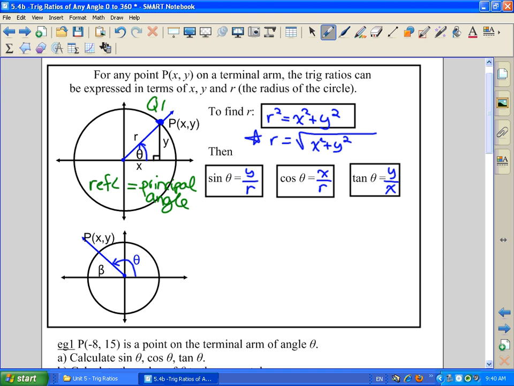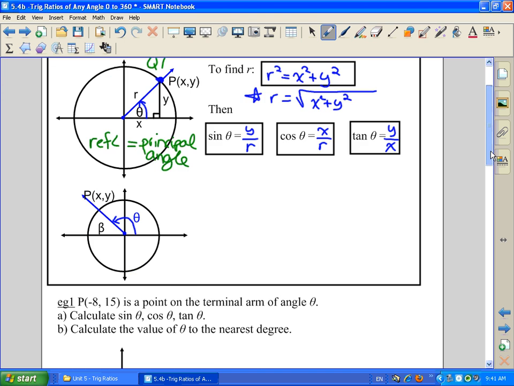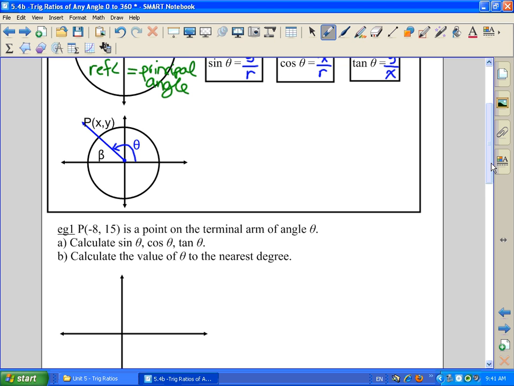In all of the other quadrants, the reference angle is closest to the x-axis. So in this case, our reference angle is going to be beta. Okay. So in quad 2, this is a quad 2 example. And in quad 3, quad 4, again, the reference angle is not going to equal the principal angle.